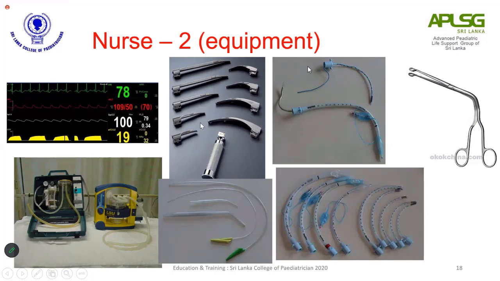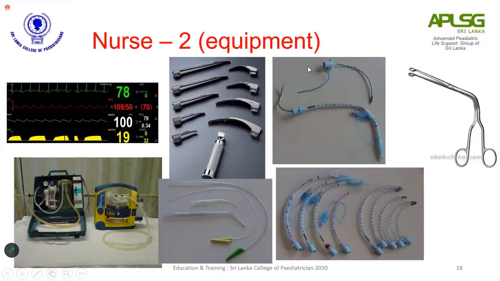Usually we use the straight blade laryngoscopes for younger children and the curved blades for older children. And your endotracheal tubes of various sizes according to the child's age and the weight, which we will discuss in the next slide. And your suction apparatus and the suction tubes. And all other equipment should be ready prior to the attempt of intubation.